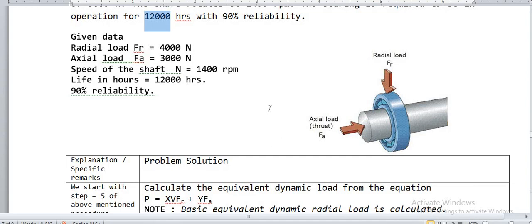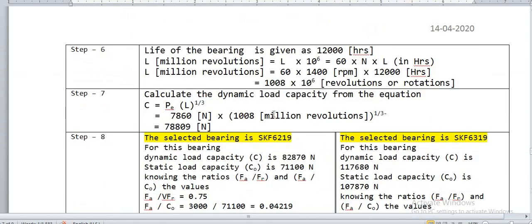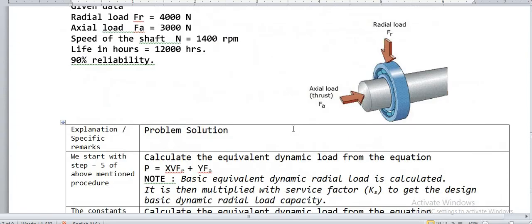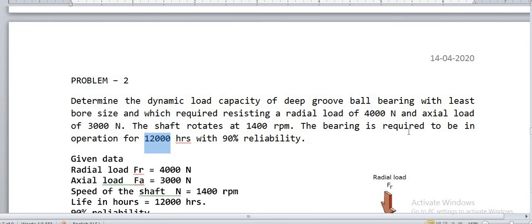So here I have solved the problem in two selection processes, that is 6219 series and 6319 series, for the same shaft size of the bearing. If the shaft diameter is given, then the selection becomes still simpler, since for 62 or 60 series you can easily select based on the diameter of the shaft.